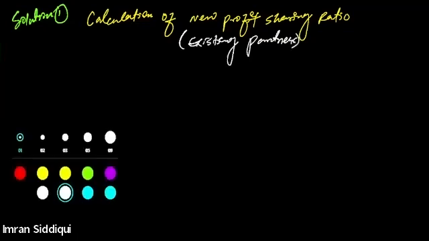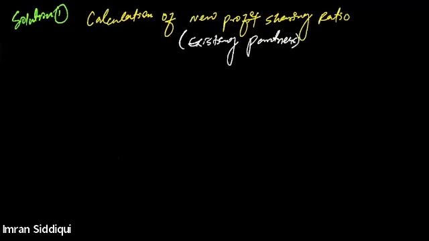So first of all, let's talk about the old ratio of the partners. Old PSR, the old profit sharing ratio of all the partners, was 1 by 2, 2 by 5, and 1 by 10. This is the old profit sharing ratio of A, B, and C.